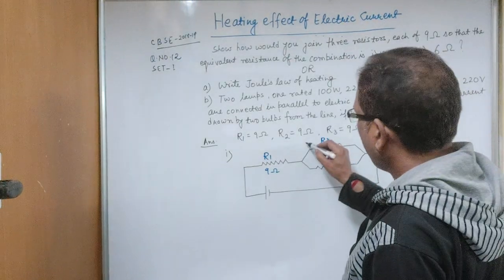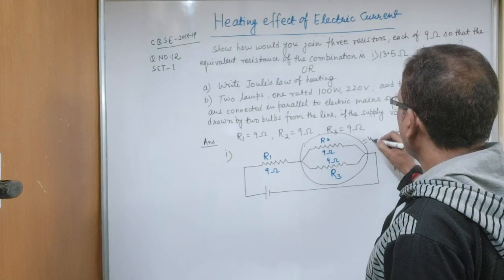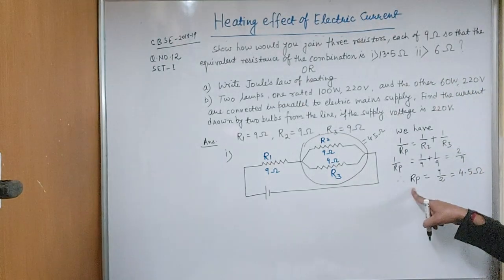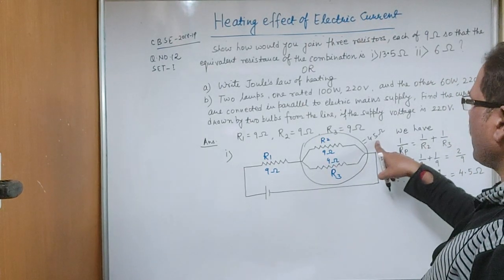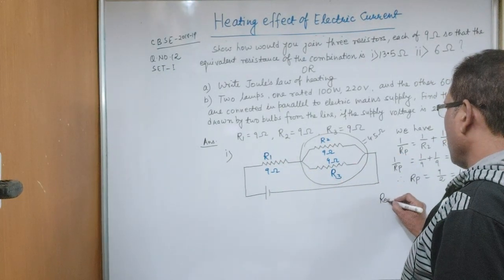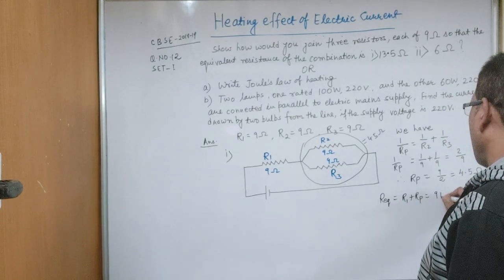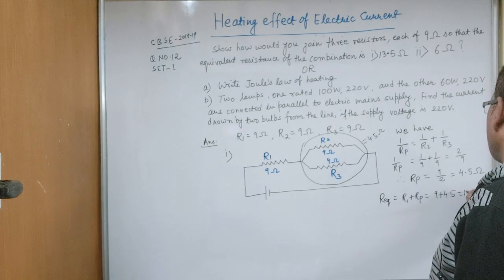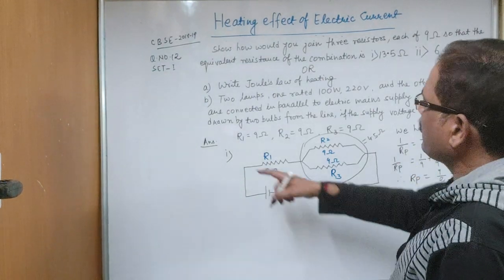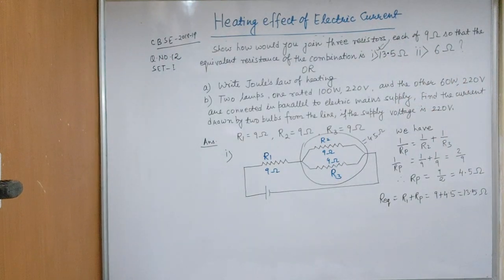Now, Rp and R1 are in series. So R equivalent will be R1 plus Rp, so it will be 9 plus 4.5, so 13.5 ohm. So we have solved the first part, that is how we can get 13.5 ohm.